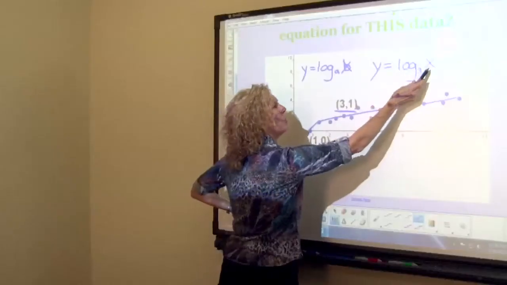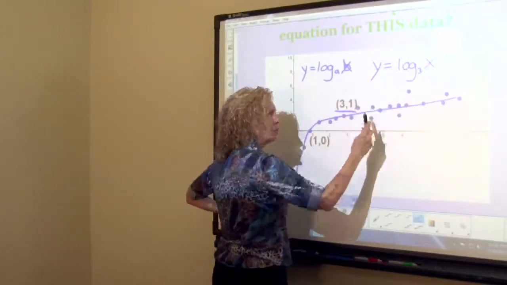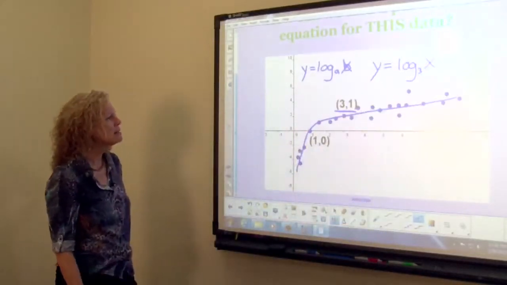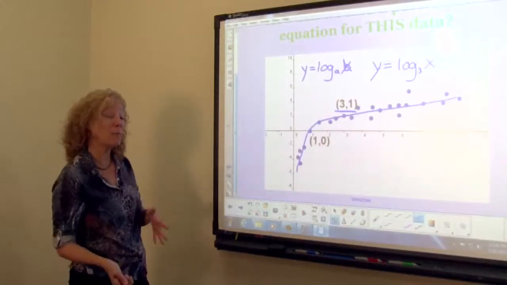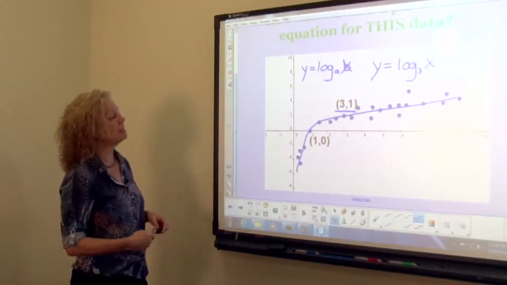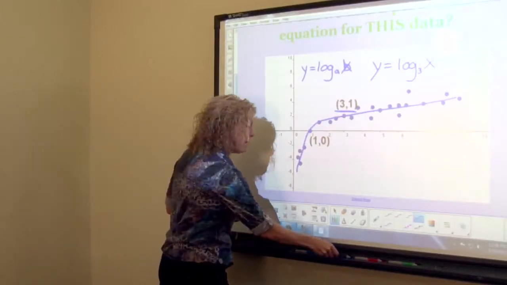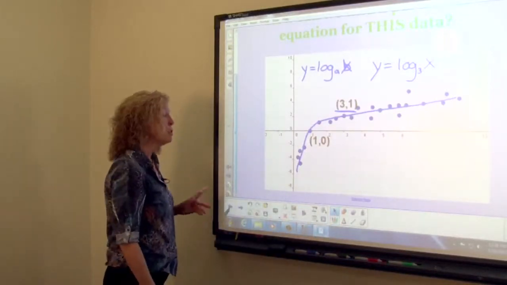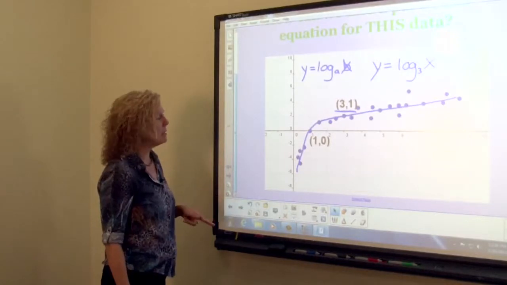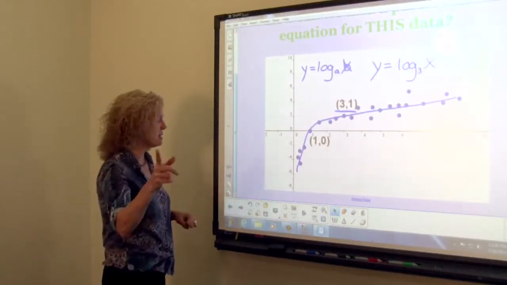And if I put in a 3 for x, I do get a 1 out for y, so that might be a possible model for this particular data set. Now, I will say that we don't use them that much in this particular course, but you do find many, many good applications of logarithms in some of your science classes.